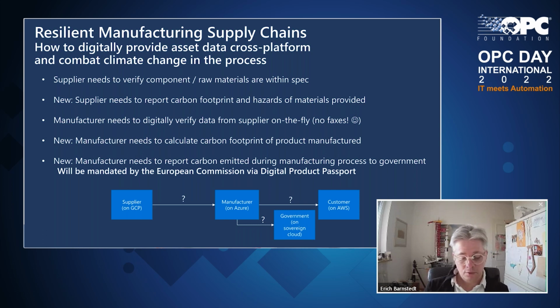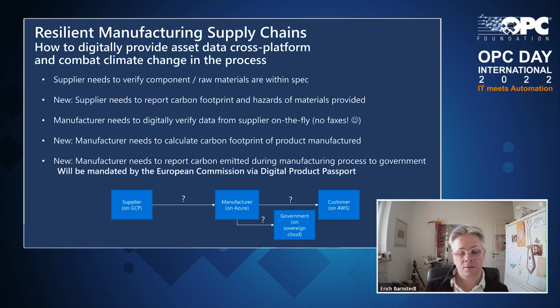So the European Commission is actually going to put a carbon footprint mandate into a digital product passport that they're going to make law probably next year. So everybody who's producing anything and selling it in Europe will have to adopt this digital product passport, including carbon footprint data of that product.